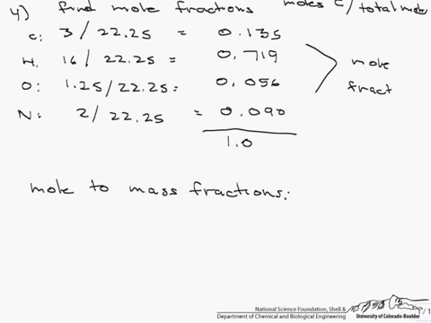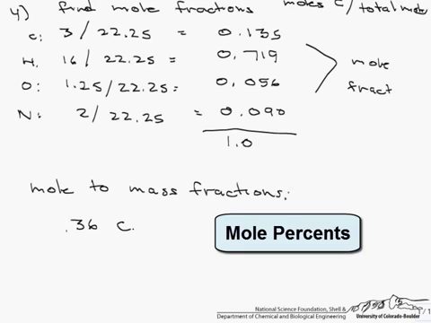We're going to start with the same percentages, except remember these are going to be mole fractions. So we have 36% carbon, 16% hydrogen, 20% oxygen, and 28% nitrogen.